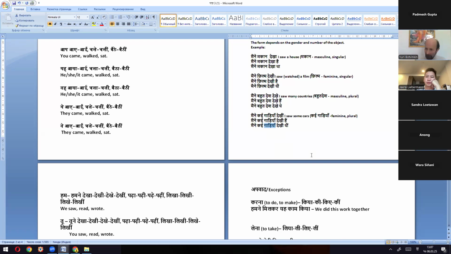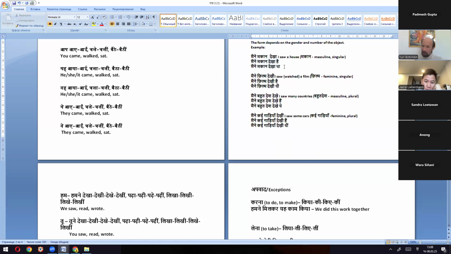So today we complete our tenses with two more tenses, like perfect tenses, right? On the basis of past definite tense, on the basis of मैंने मकान देखा, we've learned to make two other forms. मैंने मकान देखा है, मैंने मकान देखा था.